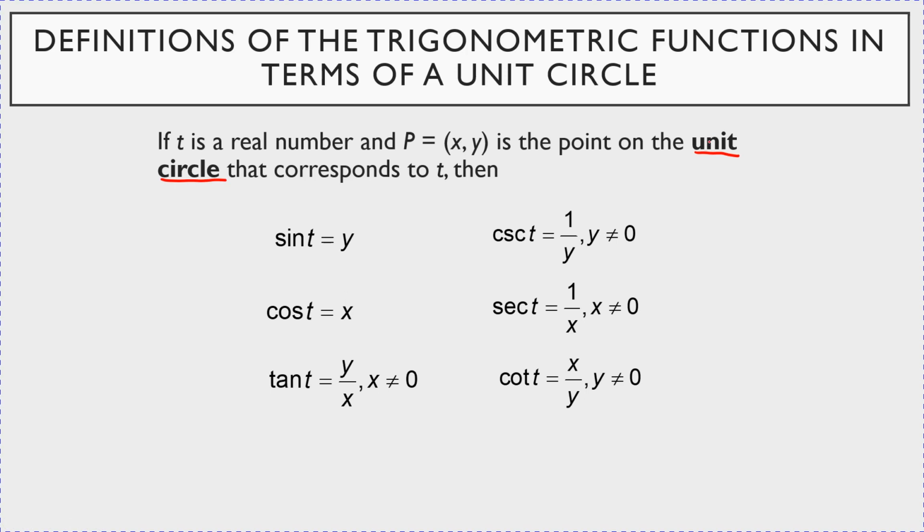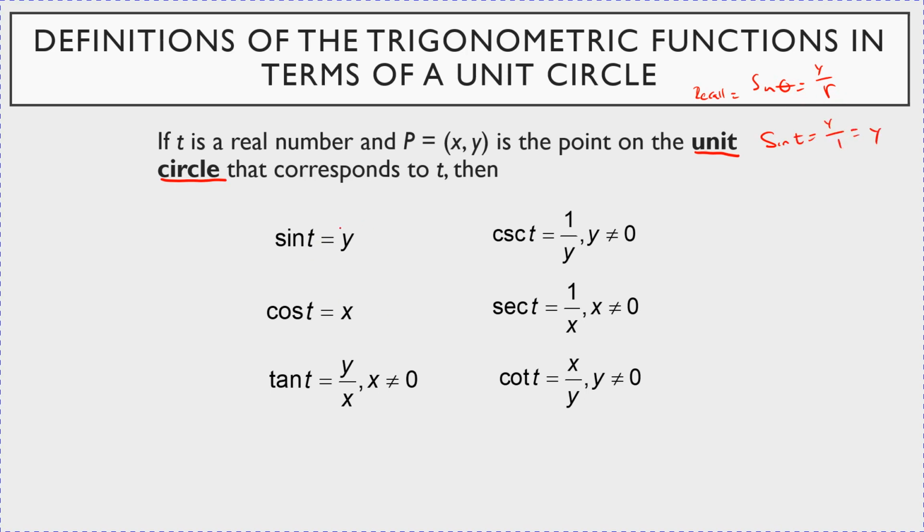Originally, remember from previous lectures, sine of theta was equal to y over r. But now if t is going to be related to the unit circle, well, r is equal to 1.